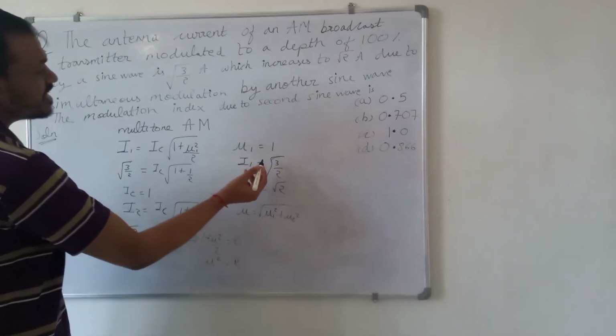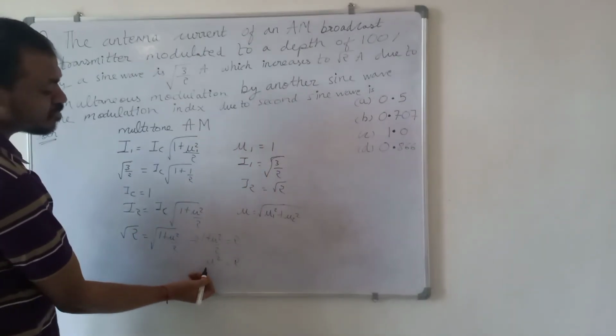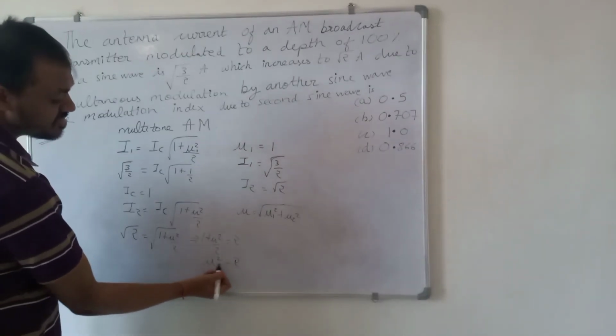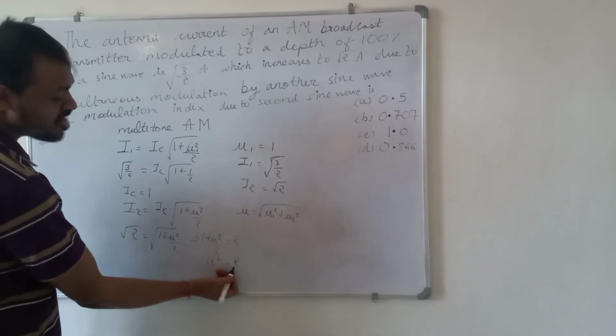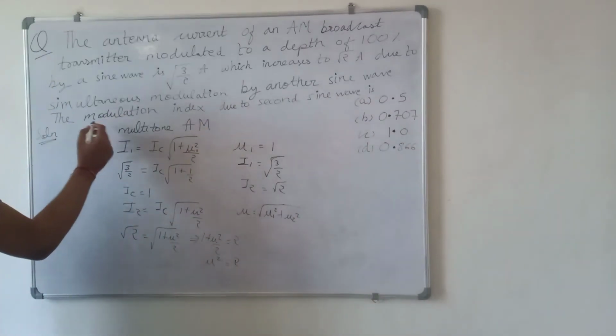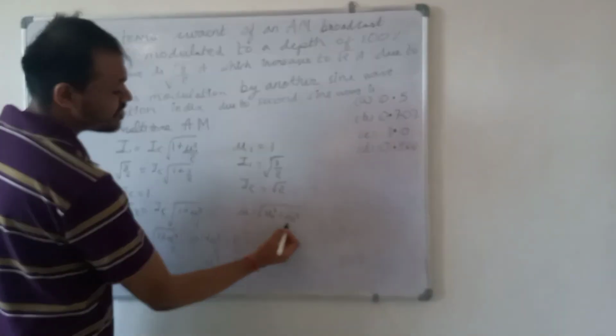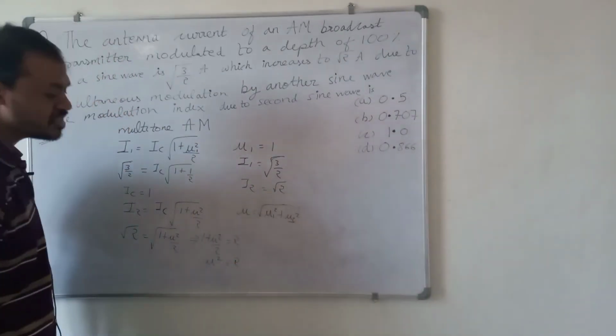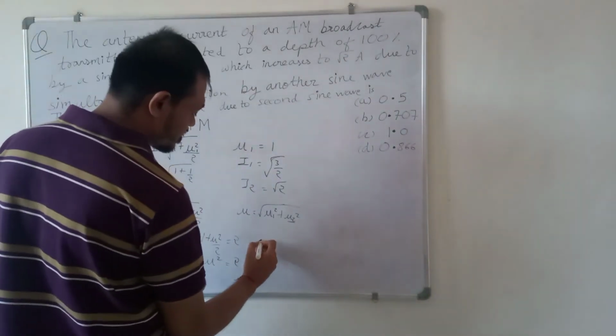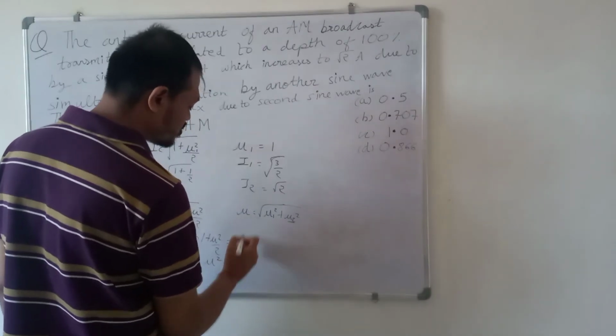Now we know that mu1 is 1. The square of the total modulation index is 2. What we have to find is the modulation index due to the second sine wave. So we have to find mu2 square.